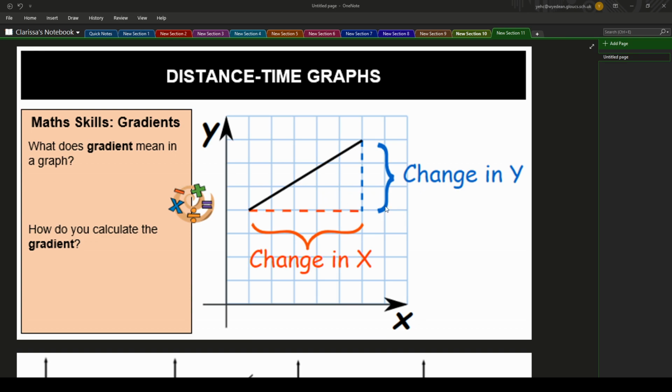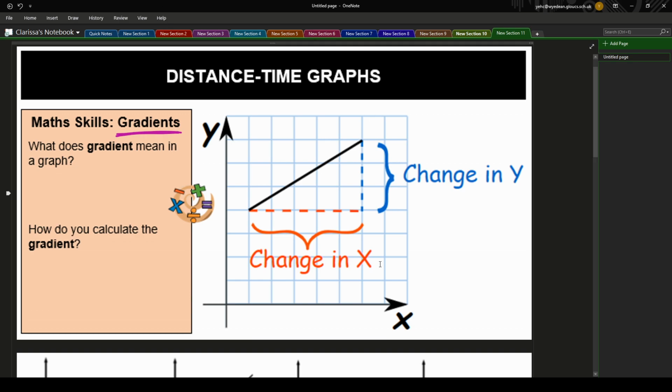Now, think back to maths. What does a gradient mean when we're talking about graphs? If during your maths lesson they ask you to calculate the gradient of this line, what does that mean?